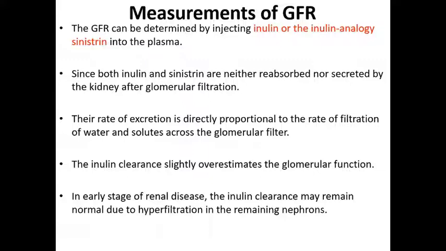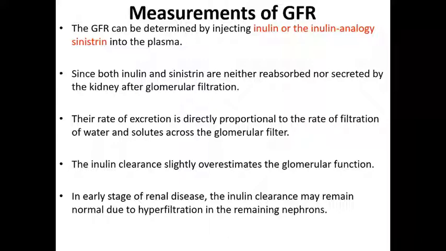Why? It's because if some of the kidney nephrons are not functioning well, there could be some hyperfiltration by the other kidney nephrons to compensate for those that are not functioning well. So it's very difficult for you to know whether the glomerular filtration rate is reducing at this point.